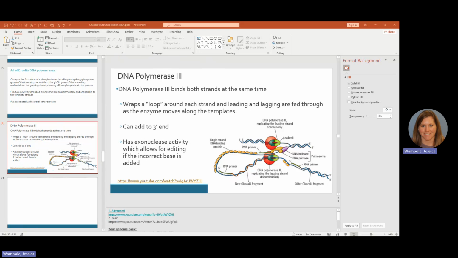So what happens is that at the end of every single one of our chromosomes, we're going to have a really small portion that ends up as single-stranded only. So the other side is going to have been replicated from the beginning, but on the leading strand, it's going to stop. And we're going to have this small portion that doesn't get replicated.